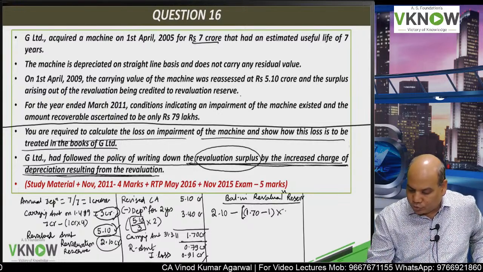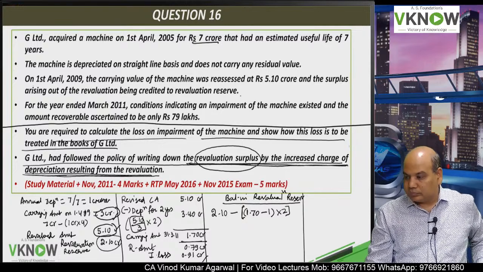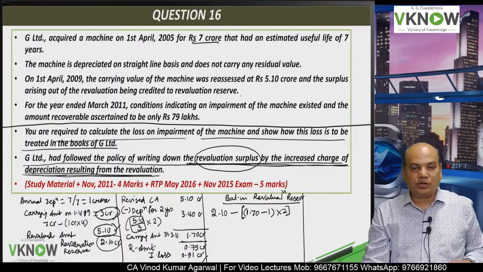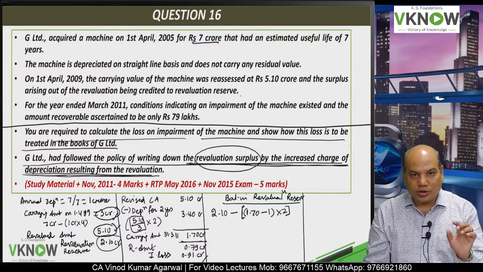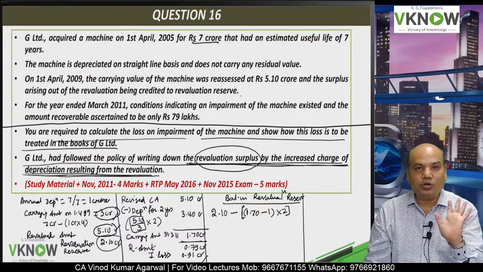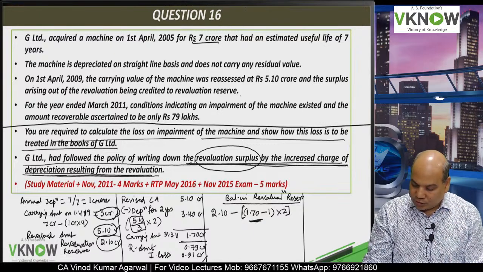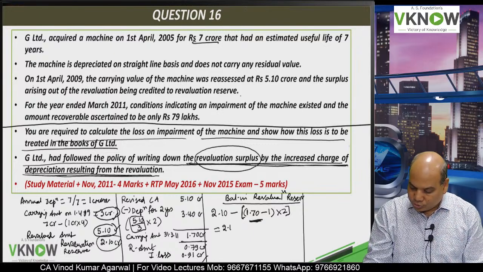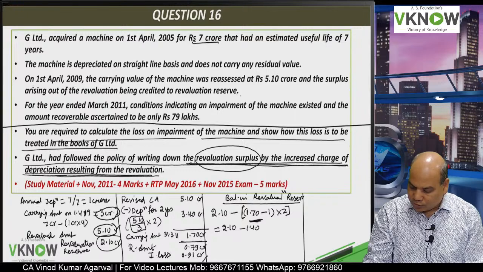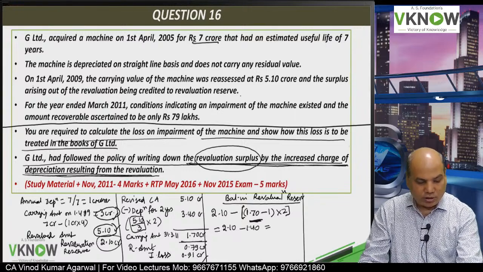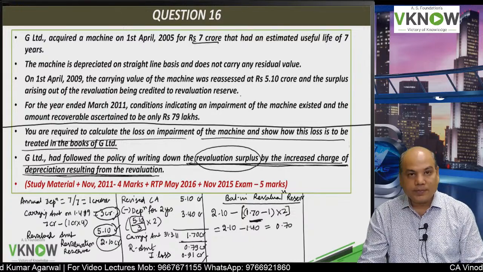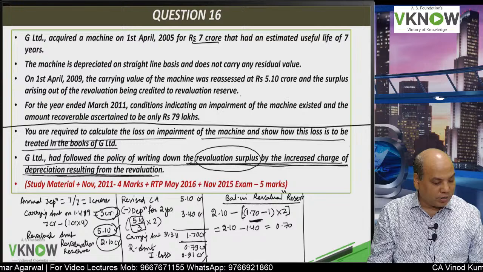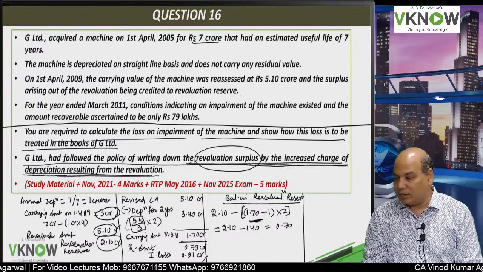Over a period of 2 years, the total revaluation surplus reduced is 0.70 into 2, so 2.10 minus 1.40. Now the balance in revaluation reserve is only 0.70.